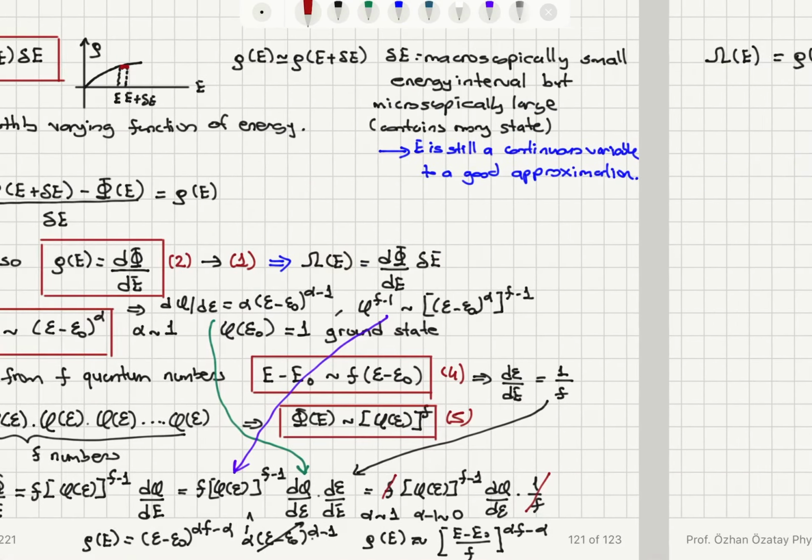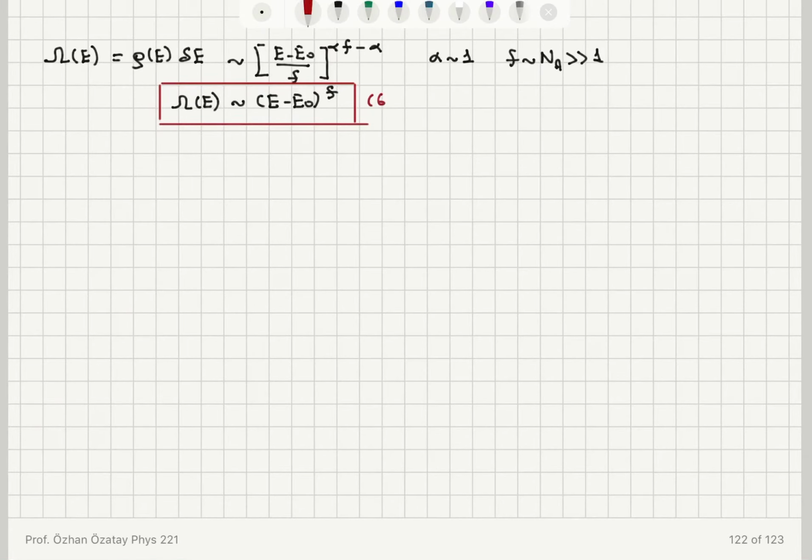Okay, so let's call this relationship number 6. One thing I would like to note here, if I take this one step further, is that I'm going to look not at the number of accessible states, but at the natural logarithm of the number of accessible states.